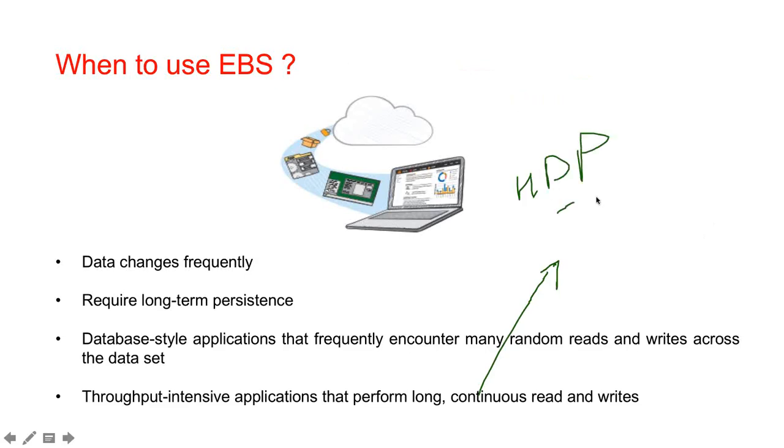Those are called throughput optimized volumes, and the other is a kind of magnetic volume called cold HDD. So these are the three types of hard disk based volumes that they have introduced in the recent past. Those are suitable for throughput intensive applications.